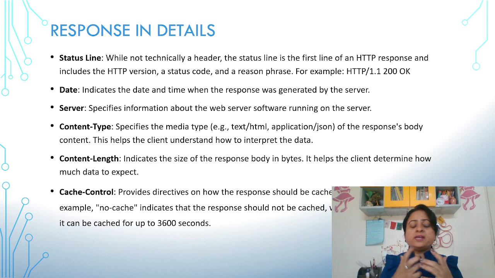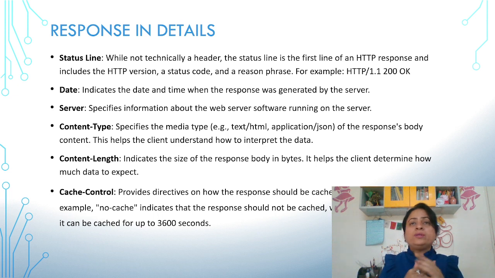Sometimes we set no cache, that means I don't want to cache my response. Sometimes we set max age equal to 3600, that means it is cached up to 3600 seconds.